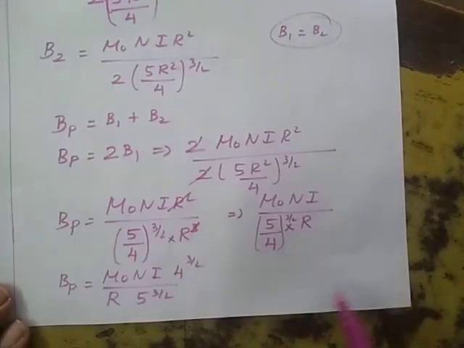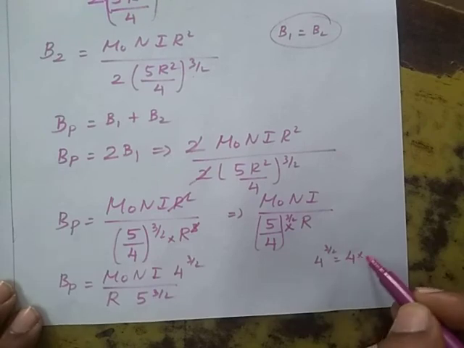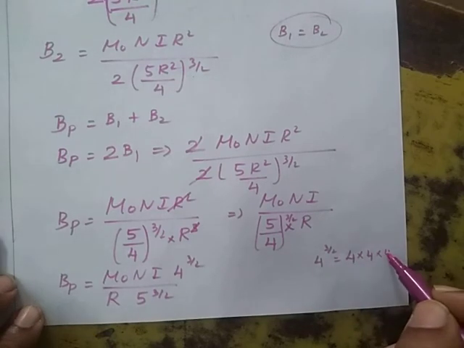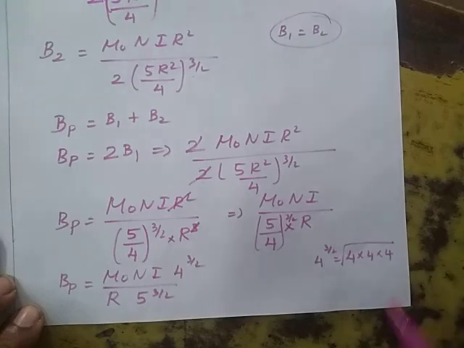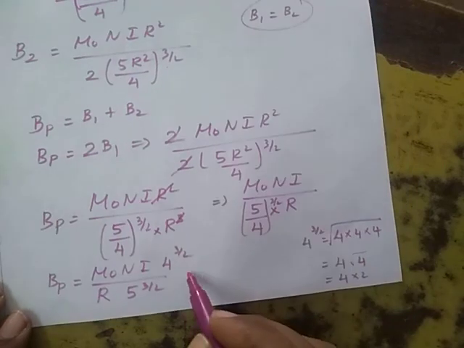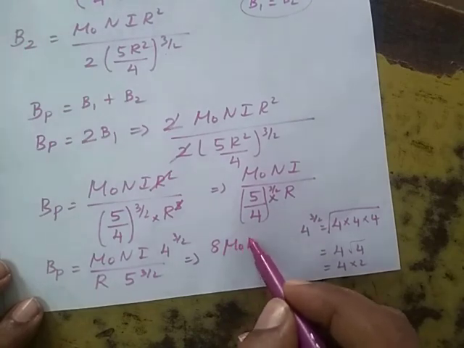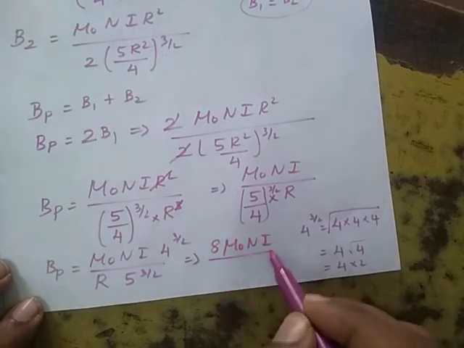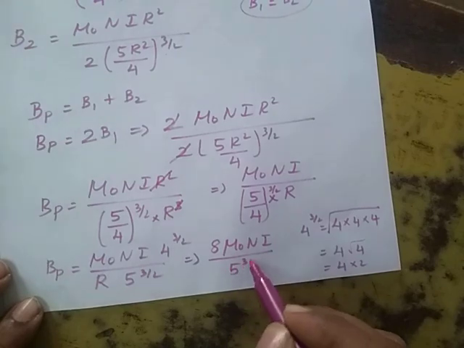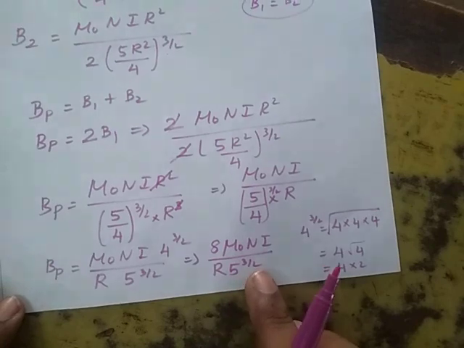We can write 4 power 3 by 2 as 4 into square root of 4, that is 4 into 2, which becomes 8. Then the answer is 8 mu naught N I by 5 power 3 by 2 r. This is the magnetic field at the point P due to the two identical coils.